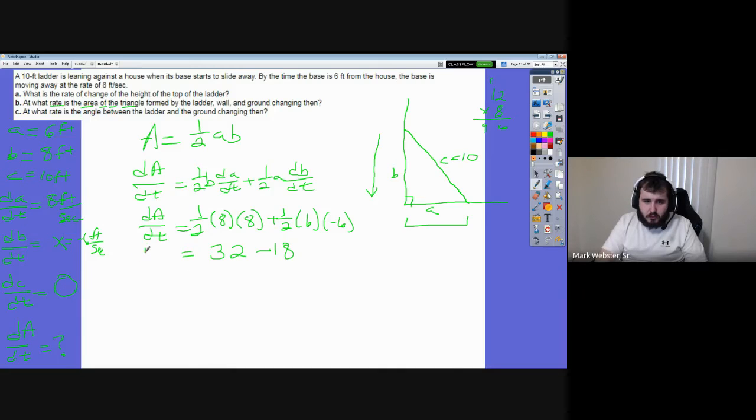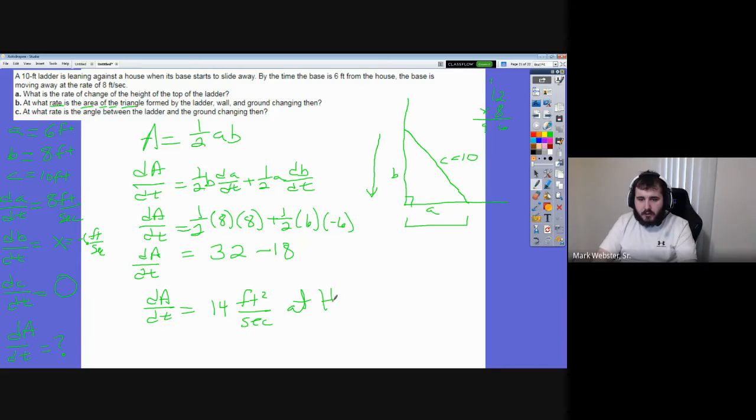And so dA dt is 32 minus 18, which is 14. 14 what? Well, area, so it's not just feet, it's feet squared now, right? And then it's a rate, so it's per second. 14 feet squared per second at that time.